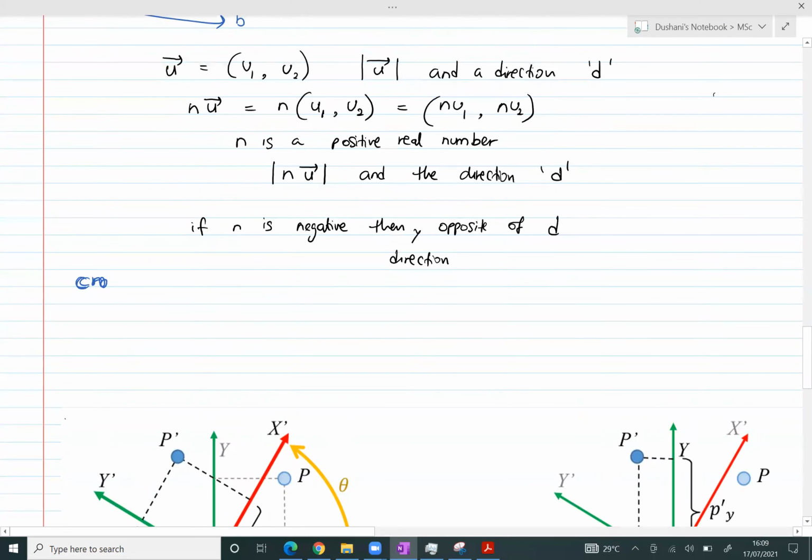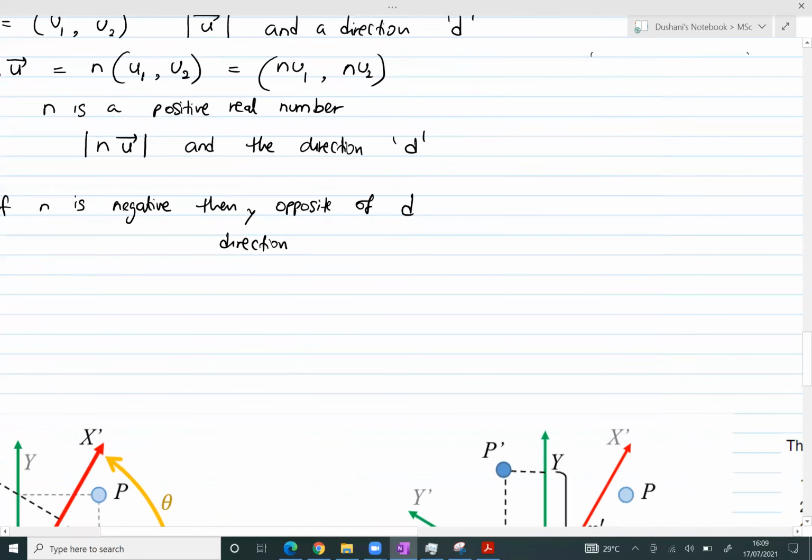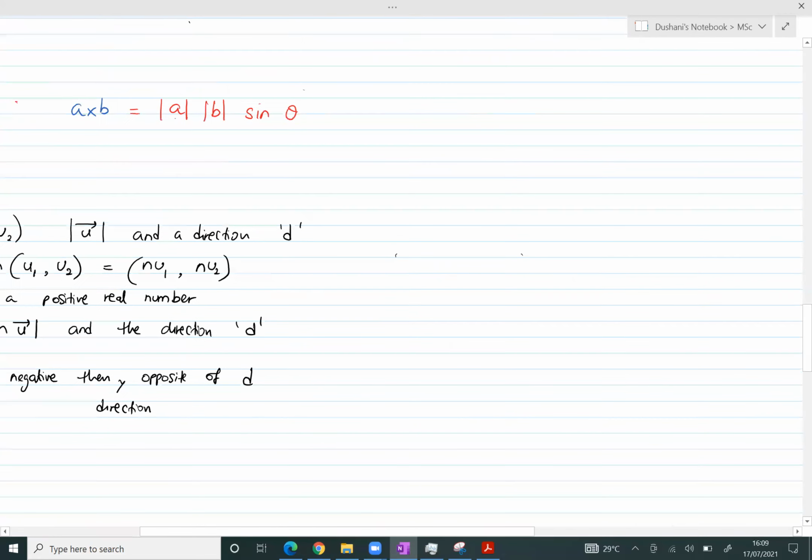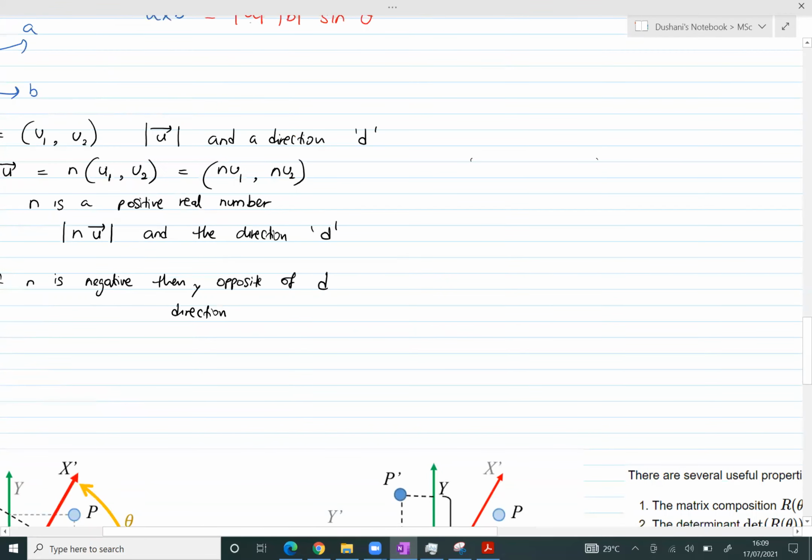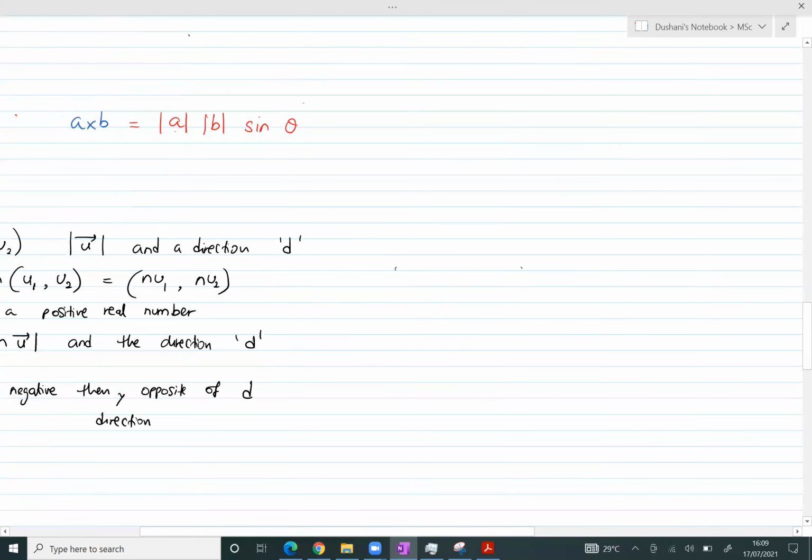So if we look at an example, say u is -1, 3, and if we want to scale this by 7, 7u is equal to 7 times that, which means -7, 21.